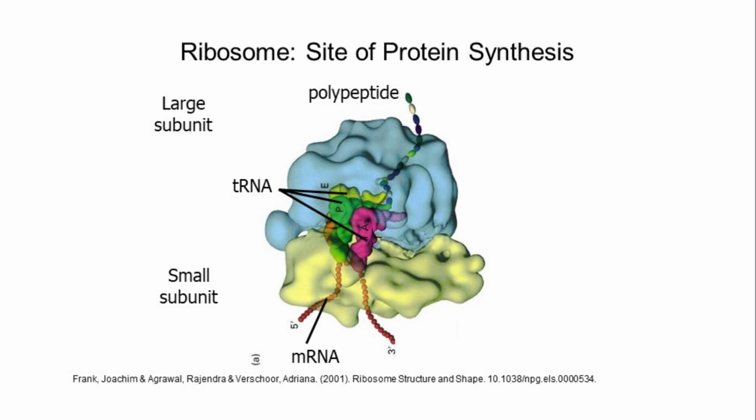As I said, the tRNAs are responsible for delivering the amino acids, and the inside of the ribosome has 3 sites through which the tRNAs will pass as they deliver their amino acids: the A site, the P site, and the E site. The A site is where all incoming tRNAs, after the first one, will enter the ribosome, bringing the next amino acid to be added to the chain. A stands for aminoacyl.